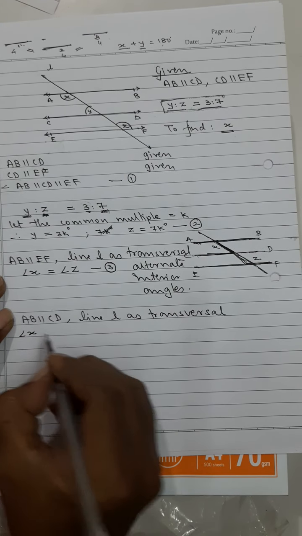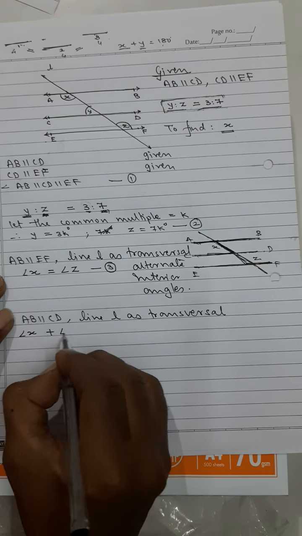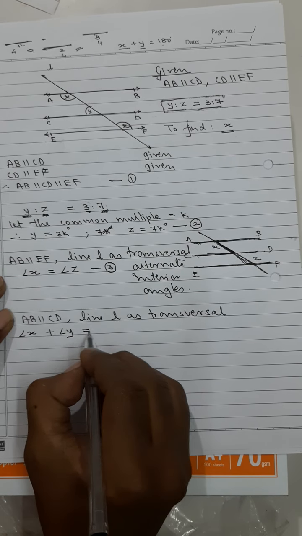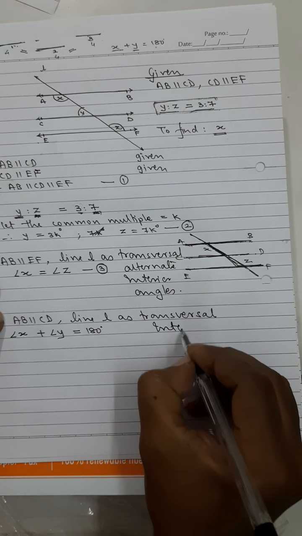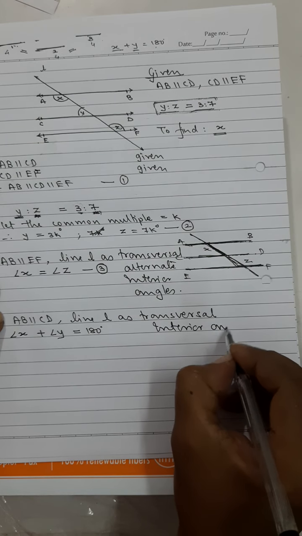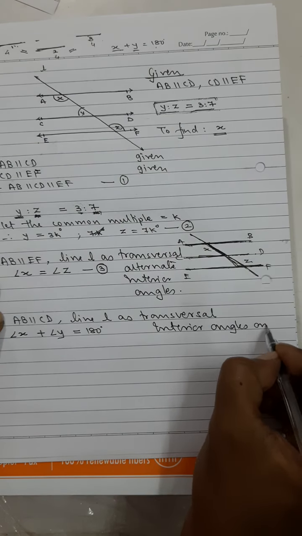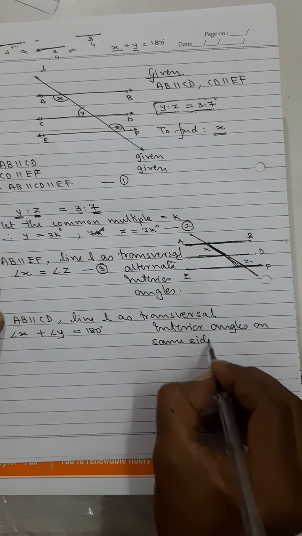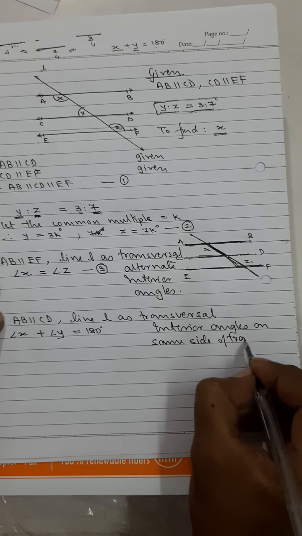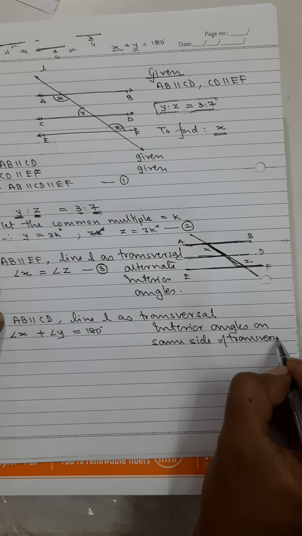Angle X plus angle Y is equal to 180 degree. Reason, interior angles on same side of transversal.